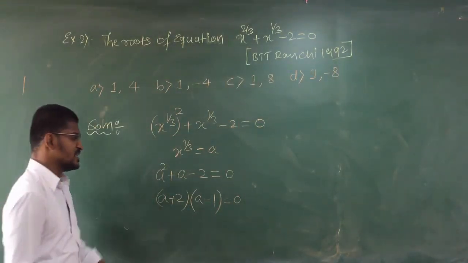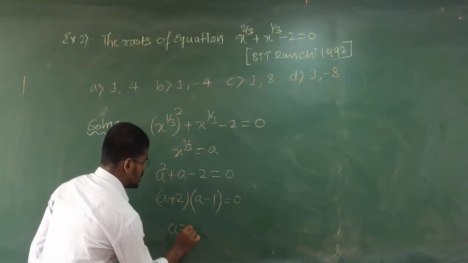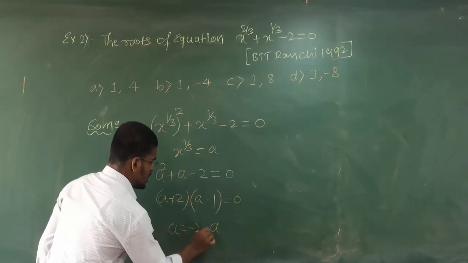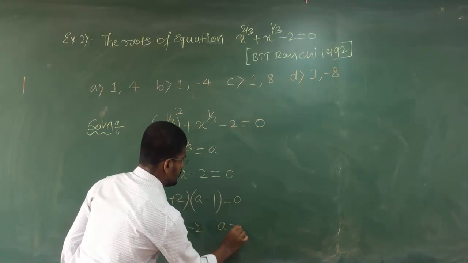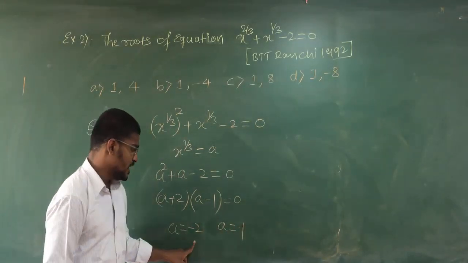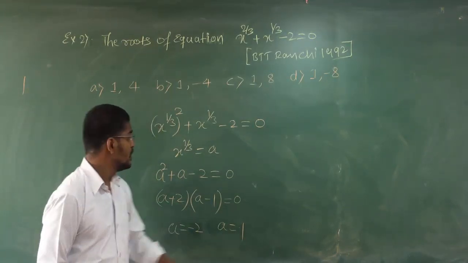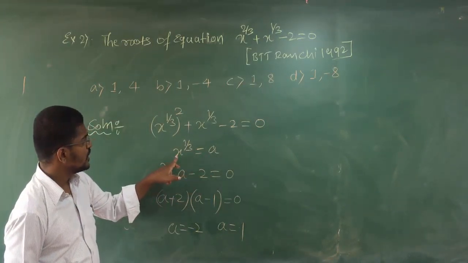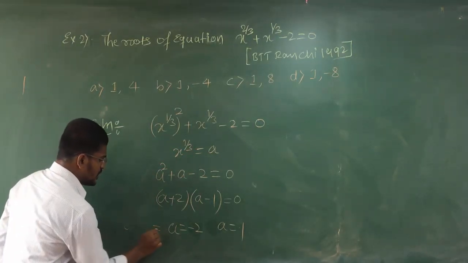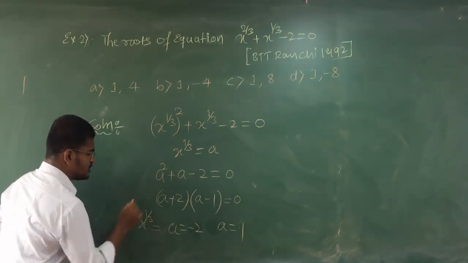So if you write like this, a will be equal to what? It will be equal to minus 2 and a will be equal to plus 1. Clear? So a value is minus 2 and a value is 1. But what is a equal to? x to the power of 1 by 3.